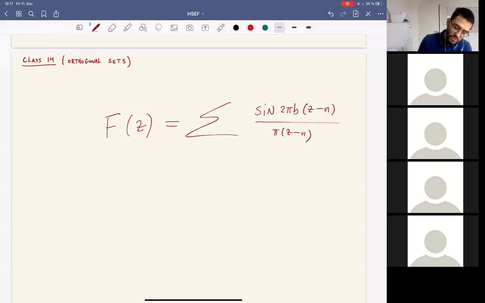And this was the famous Shannon-Whittaker interpolation formula. The way we did it, we used the characterization of the Paley-Wiener space as a space of L2 functions with compactly supported Fourier transform. So if the Fourier transform was supported in the interval minus b to b, then you should use this sinc function here, and then recover your initial data. So this is for every f.